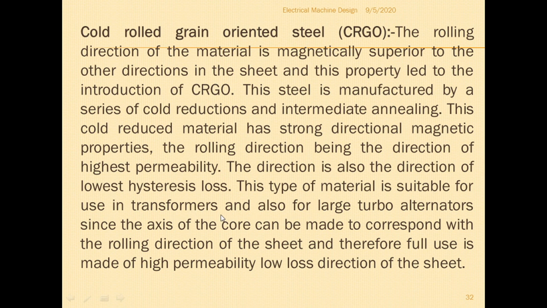CRGO materials are used in the construction of transformers and also for large turbo alternators, since the axis of the core can be made to correspond with the rolling direction of the sheet, and therefore full use is made of the high permeability, low loss direction of the sheet.